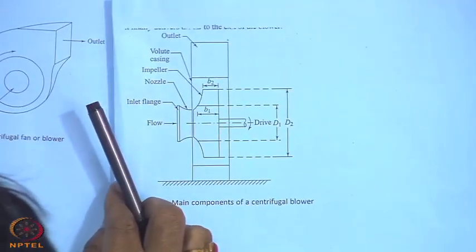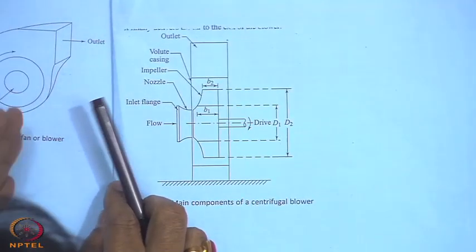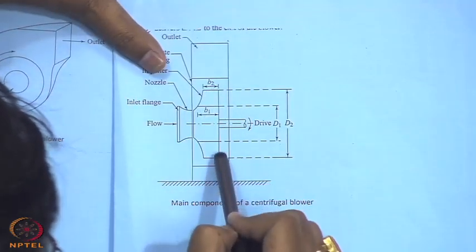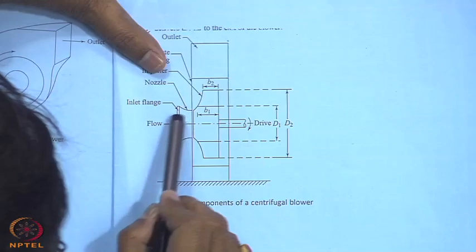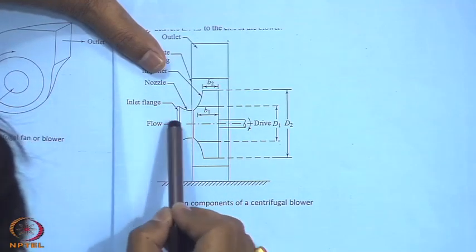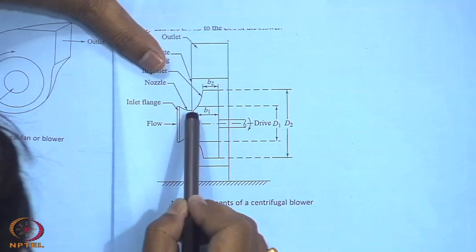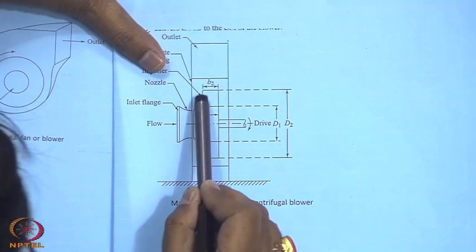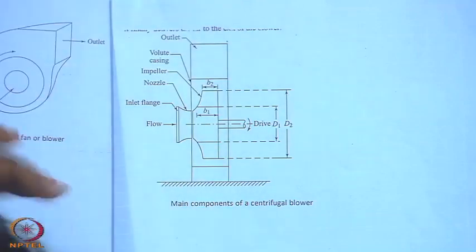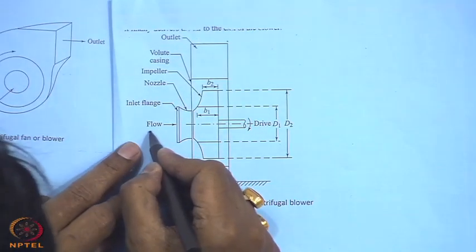This can be shown if we take a section like this. This is the impeller, you see it. So, this is the inlet, and the flow at the inlet takes place through a nozzle. That means there is a little acceleration of the flow before it enters the impeller. Now, in the impeller, it goes radially. It is the same way that it happens in a centrifugal compressor.